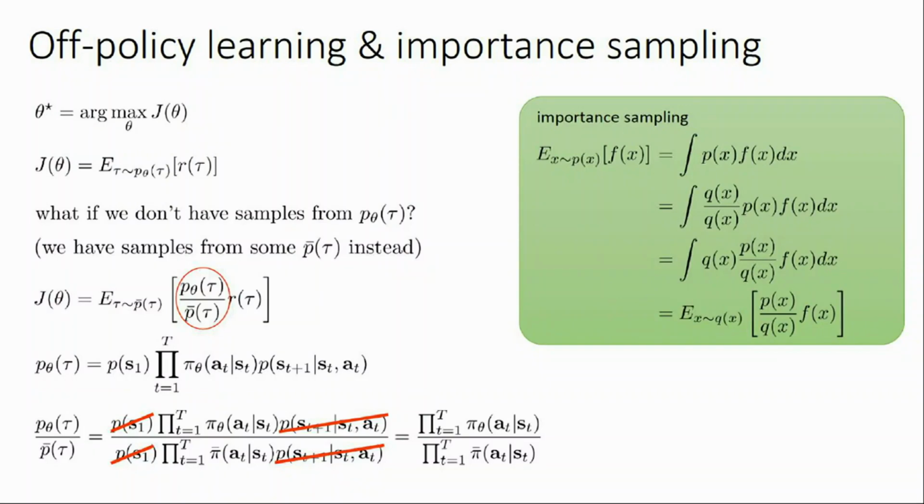Basically, you take the ratio between the distribution you actually sample from and the distribution you want to sample from, and use that to upweight or reject or accept the samples, such that effectively you get the right samples from the distribution you really want. This is called the importance sampling technique.